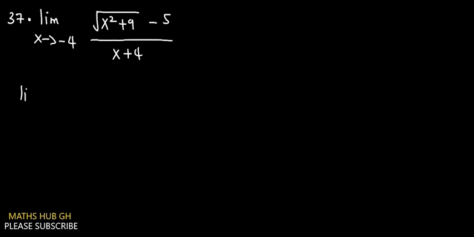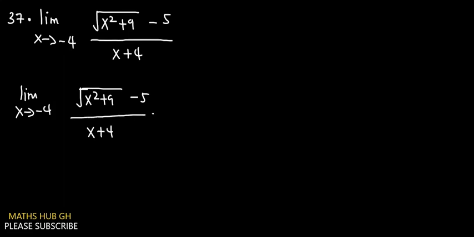We're going to have the limit as x approaches minus 4 of the square root of x squared plus 9 minus 5, divided by x plus 4, multiplying the square root of x squared plus 9 plus 5, divided by the square root of x squared plus 9 plus 5.